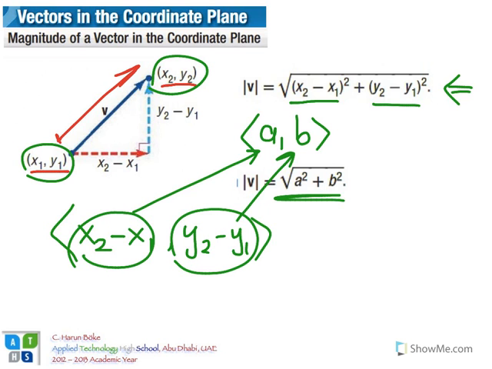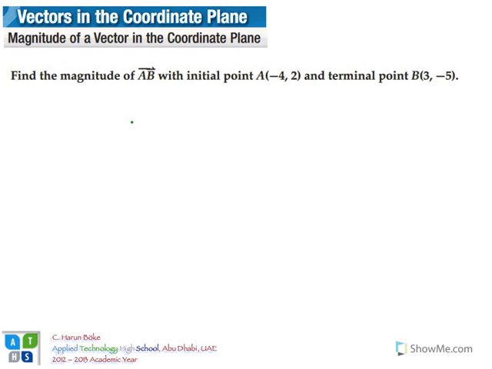Let's see an example. Find the magnitude of the vector AB with initial point A and the terminal point B. So we are going to use this formula.